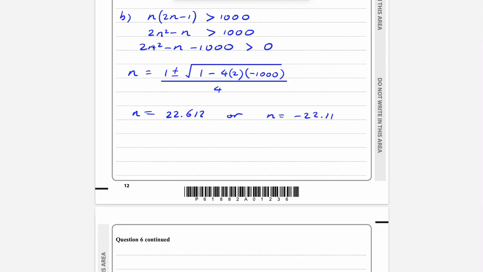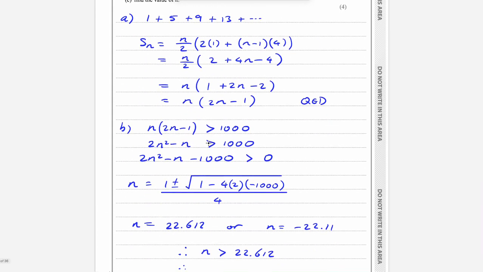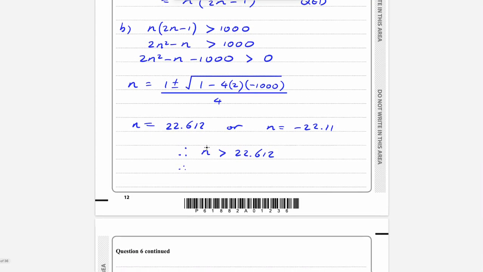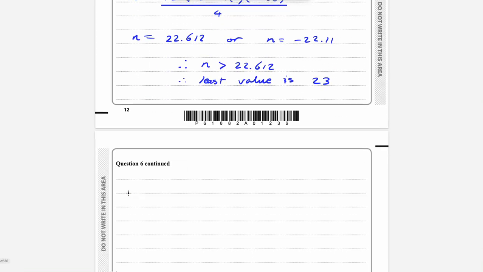Then that means, because n has to be greater than this, therefore n is greater than 22.612. Therefore n, what does it ask for, guys? The least value of n is 23. Okay, that's part B.